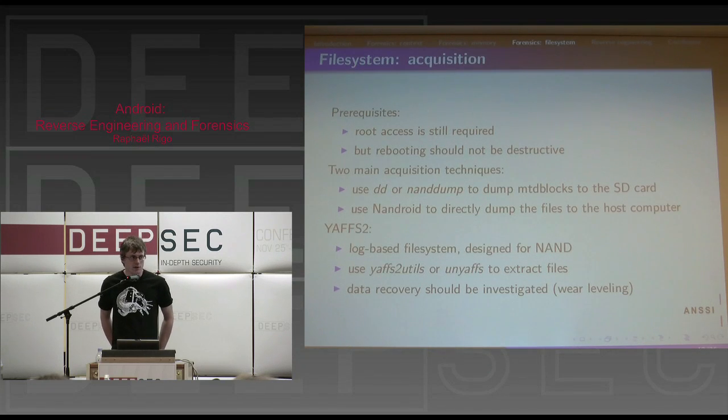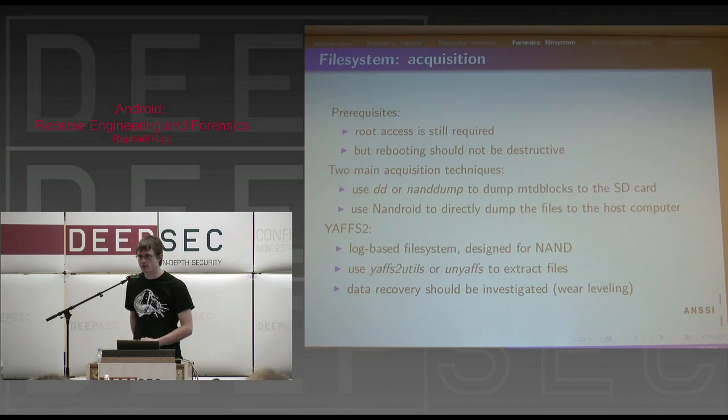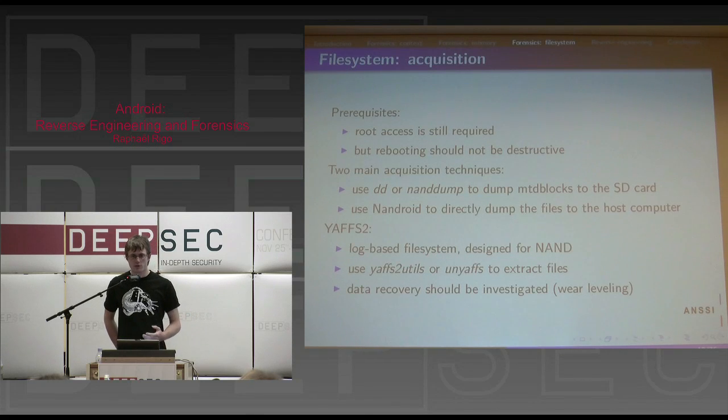The advantage here is basically you can possibly reboot your phone to get root access because even if you're destroying data in memory, the file system should stay pretty much intact after a reboot. So it should not be destructive and you can probably use it before examination.